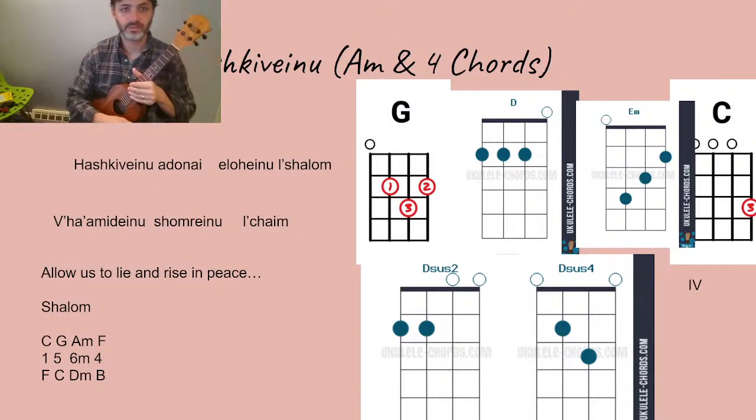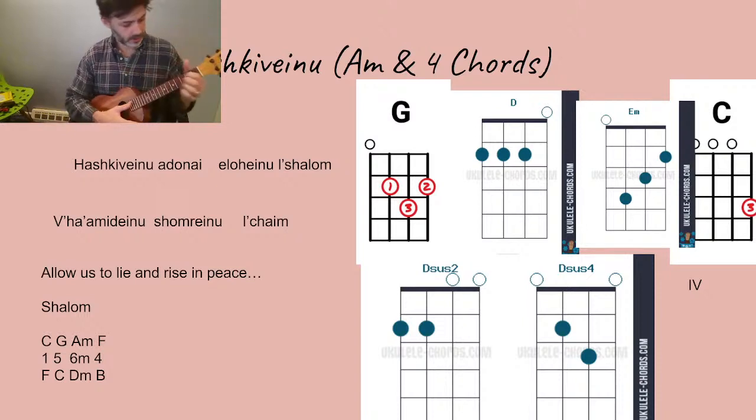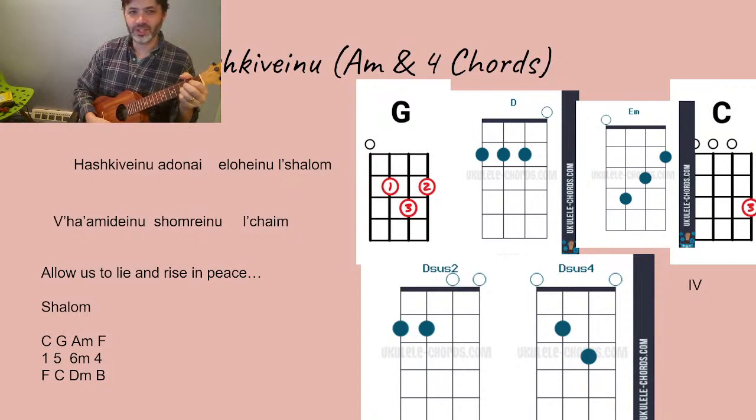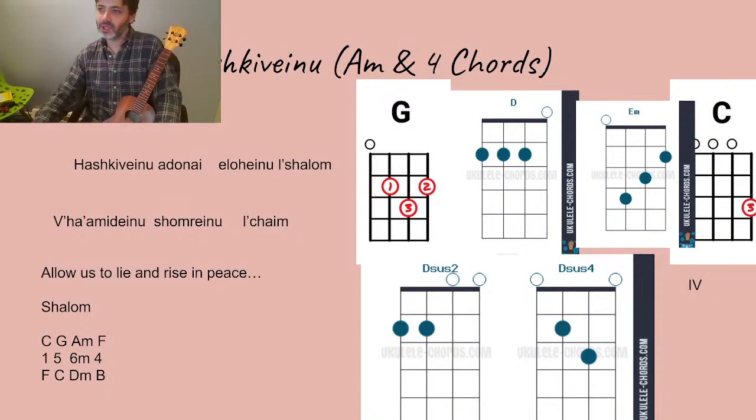Isn't G sus4 the same thing? No, the G... So the D sus4 and the G sus2 are the same chord. No, sorry. The D sus4 and the G sus2 are the same chord. Which is why I would personally play a D sus4.